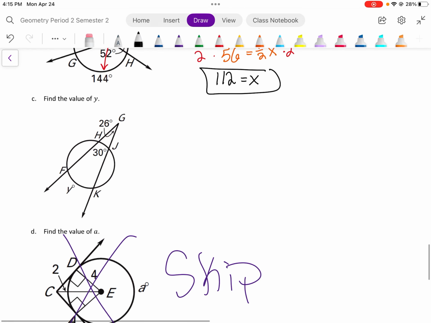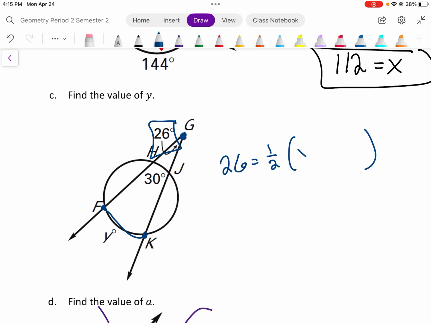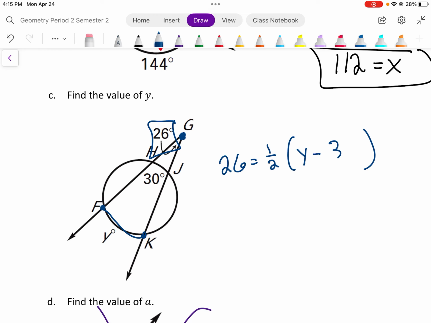Okay. Our last example, we're going to find the value of y. We have an angle outside the circle, so we're going to take that angle and put it equal to half times the difference. So we're going to take this outside arc, or the large arc y, minus the inside arc of 30. Because our variable is inside the parentheses, we're going to distribute so that we can get y by itself.